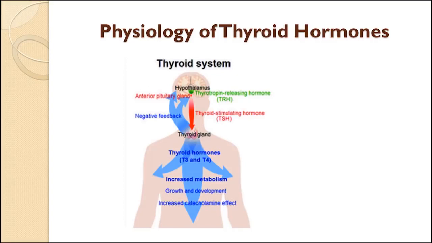Quick review of the physiology. The hypothalamus secretes TRH, thyrotropin releasing hormone, which then acts on the anterior pituitary gland to release thyroid stimulating hormone. That in turn stimulates the thyroid gland to produce T4.